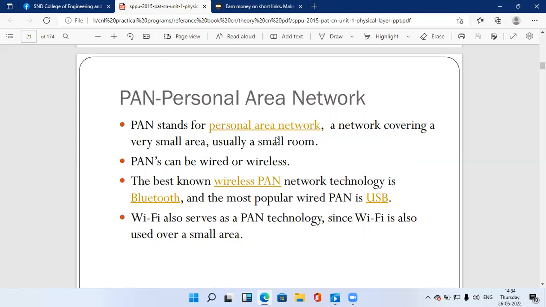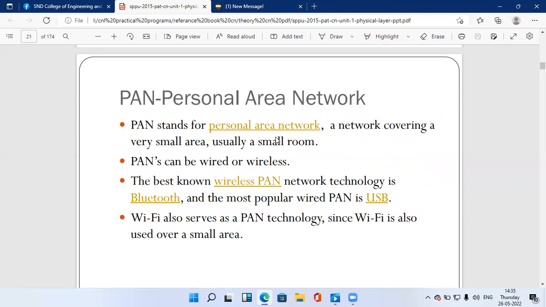The best example for your PAN network is, suppose you have two computers and you have to exchange data between them. Suppose you have a laptop and a desktop computer. You simply have to purchase one LAN wire, connect and configure, and share the data from the first computer to the second computer.